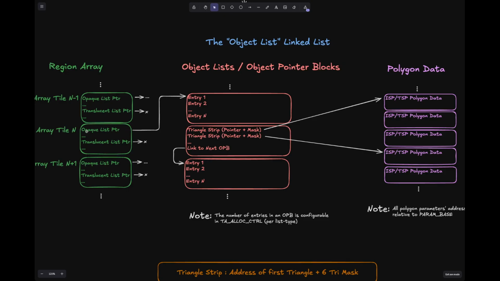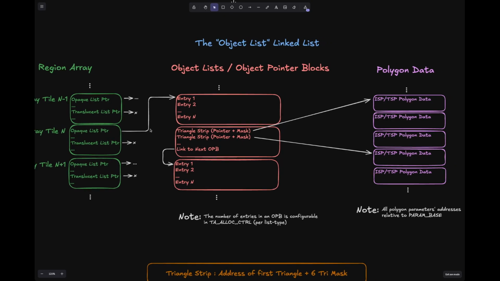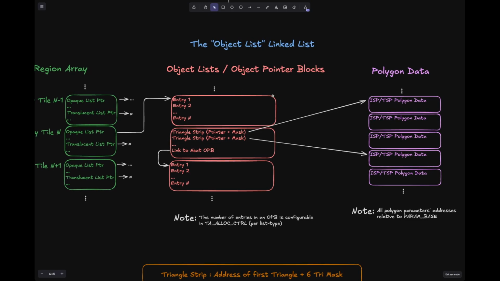So let's imagine that the nth tile needs to render some opaque geometry. This pointer will point to somewhere in VRAM, and the content there is going to look like this. It's going to have basically n entries, which is configurable through an MMIO register called TA-alloc control.